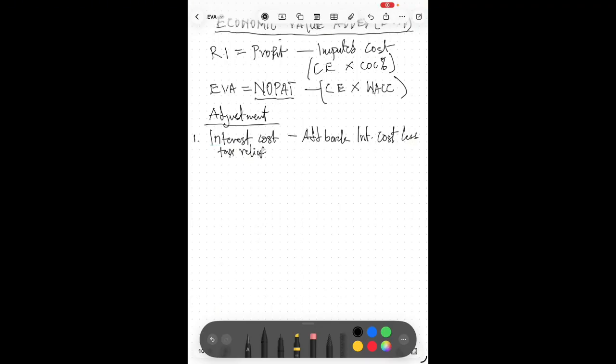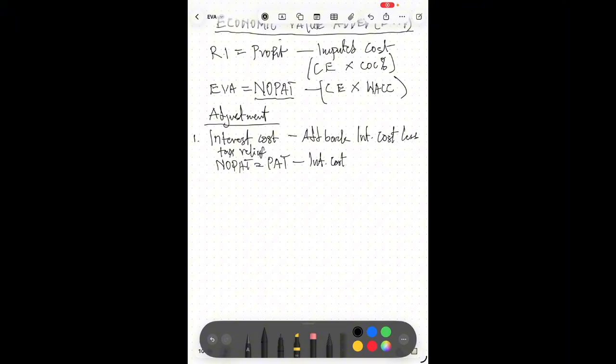So what this means is that to calculate net operating profit after tax, what is your start? Like I said, start with the profit after tax in the income statement. You add the interest cost, whatever is the interest cost in the income statement, less tax relief.